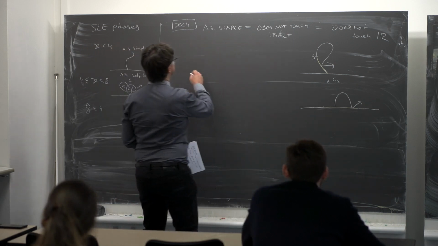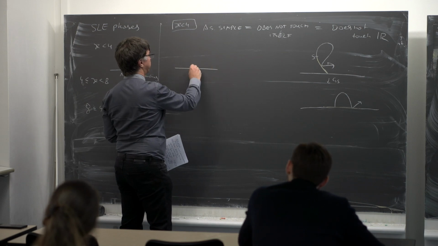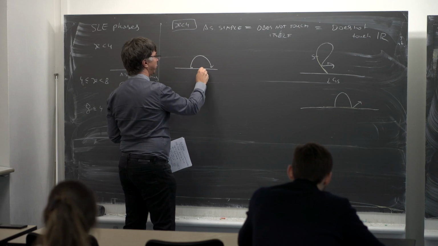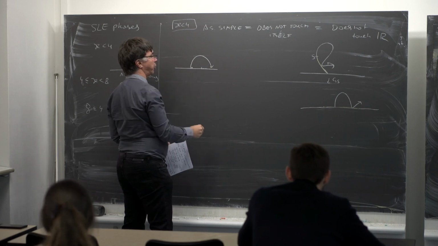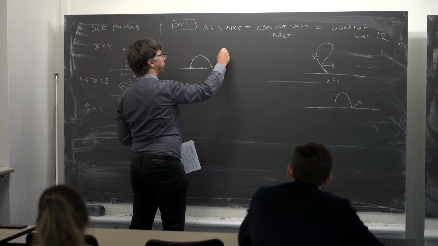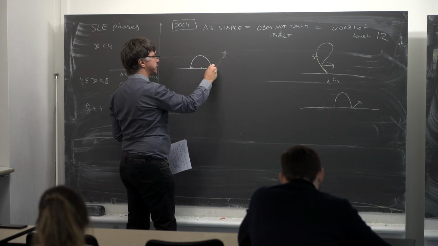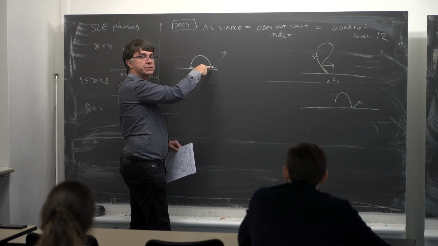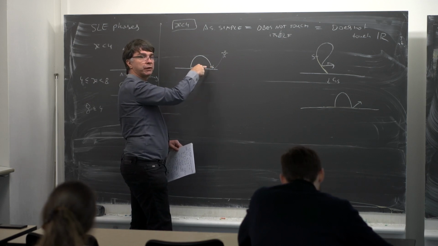So what does it mean that it touches the real line? Suppose that it touches the real line here. What happens to all these points in that moment? From the point of view of an observer at infinity, he sees that the tip and these points are very close. And at the moment of touch, they collapse to the tip, so they will collapse to 0.